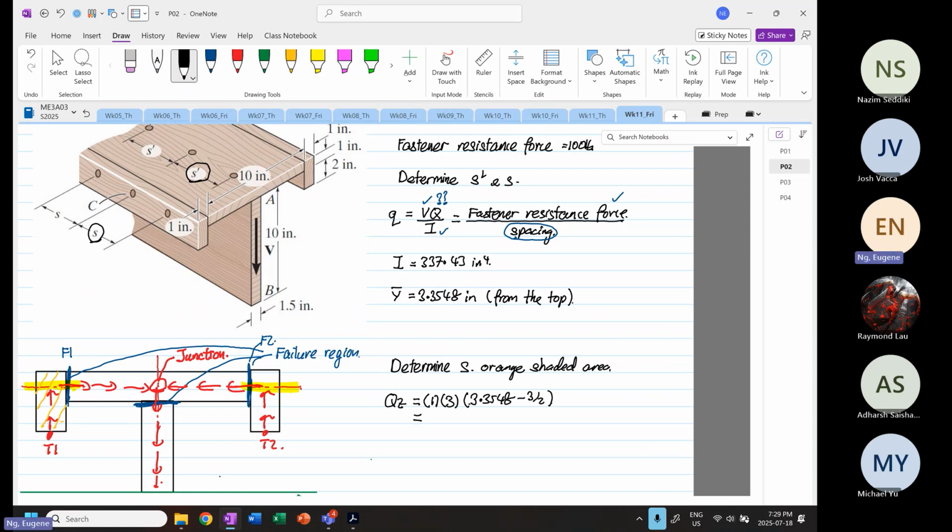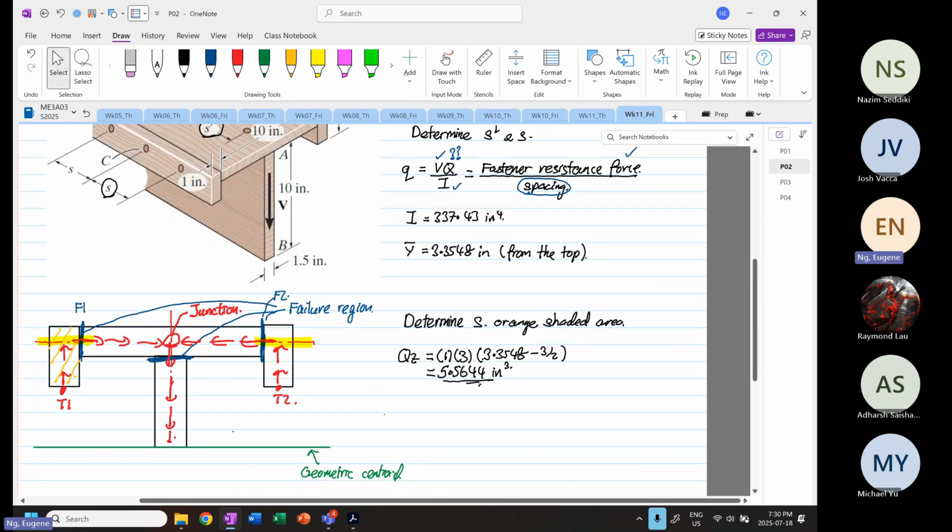So this will be equal to 3.3548 minus 3 over 2, times 1, which is equal to 5.5644. Okay, so once you have QZ, everything seems easy now, right?